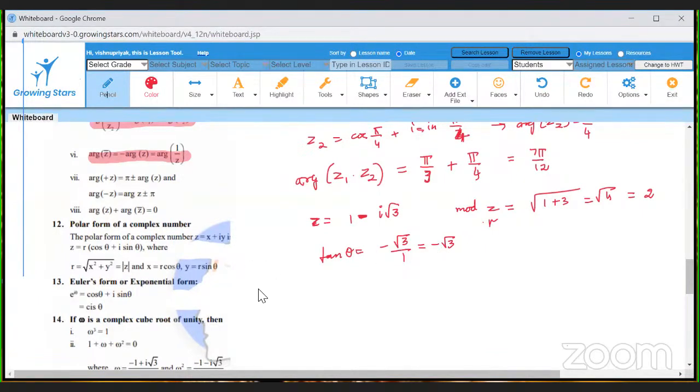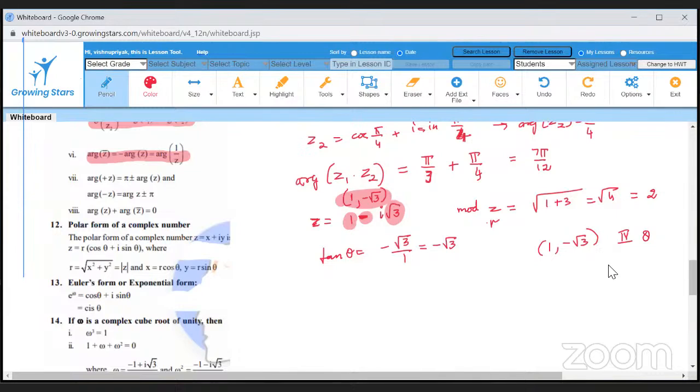And one more thing you have to see here: X is positive, Y is negative. See the X coordinate and Y coordinate: 1 comma minus root 3. It is in the 4th quadrant because X is positive here.